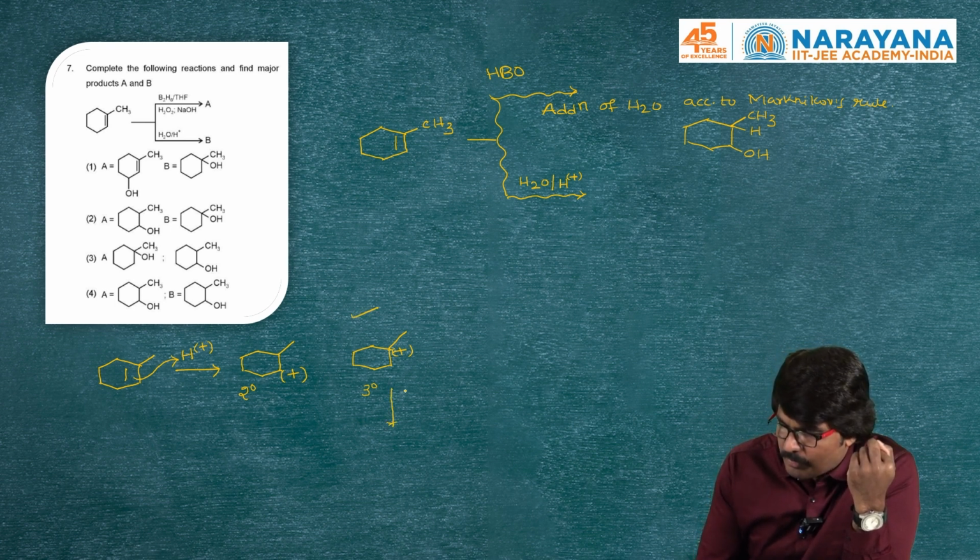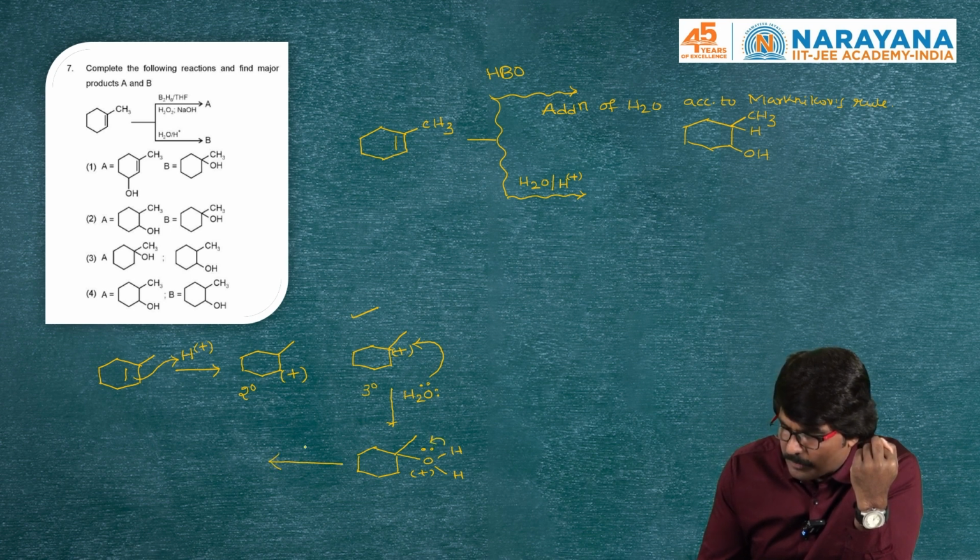In the next step, electrophile addition is completed. Next you have to add a nucleophile, here that is water. Addition of electrophile, the first step, is in fact the rate determining step, and here this is addition of nucleophile. So water is added, and of course in the last step you have loss of proton.